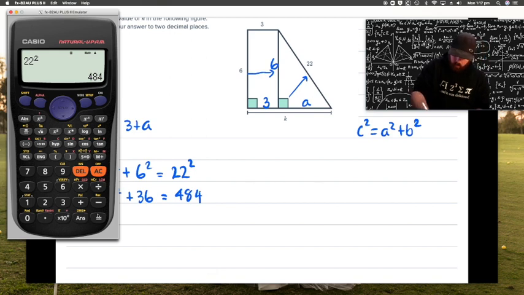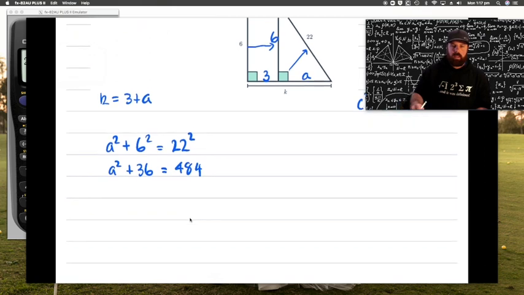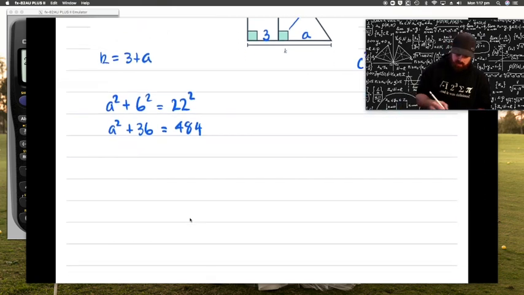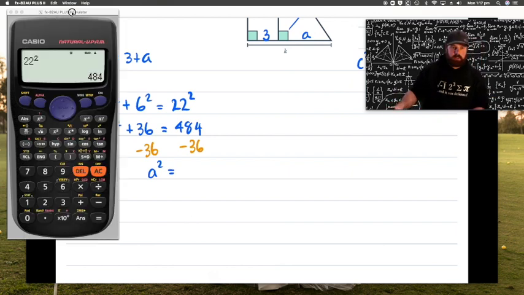Now, because we are finding a shorter side, remember that we need to now subtract here. So we're going to take 36 away from both sides.